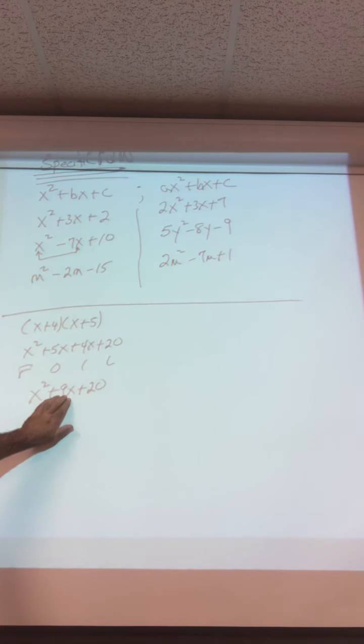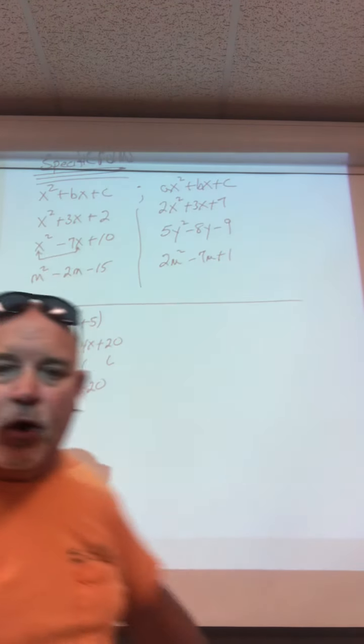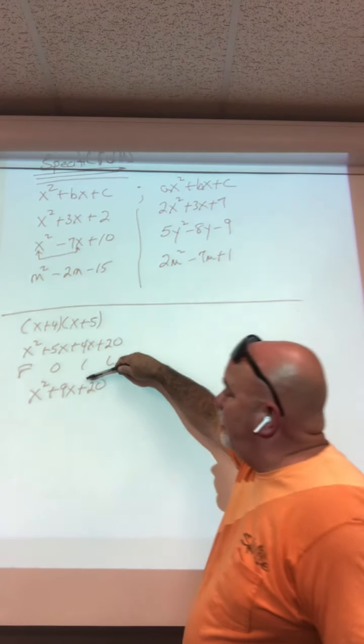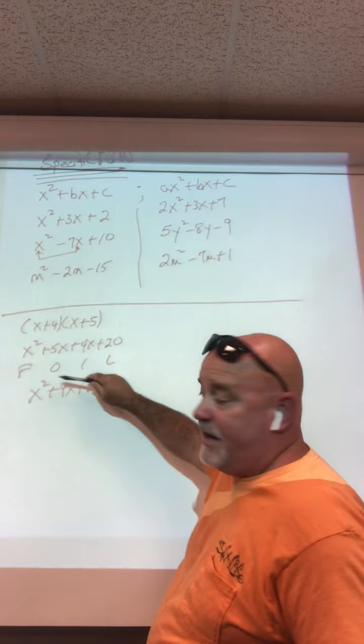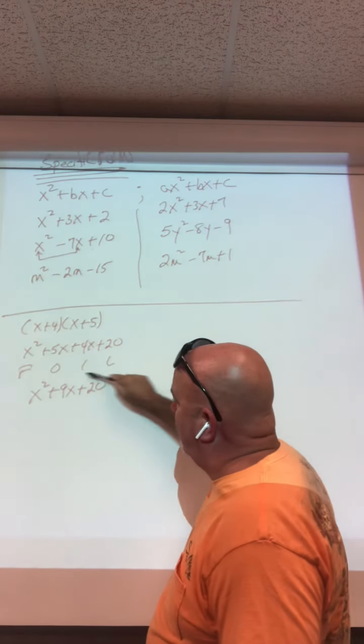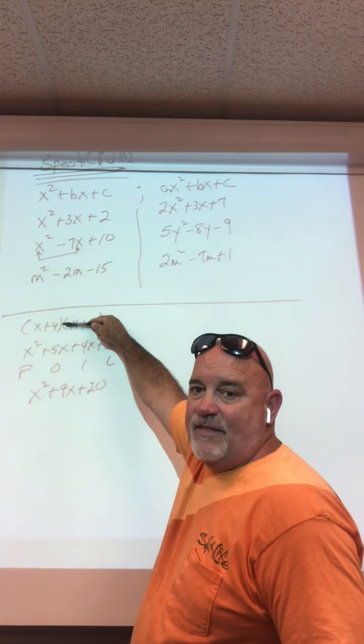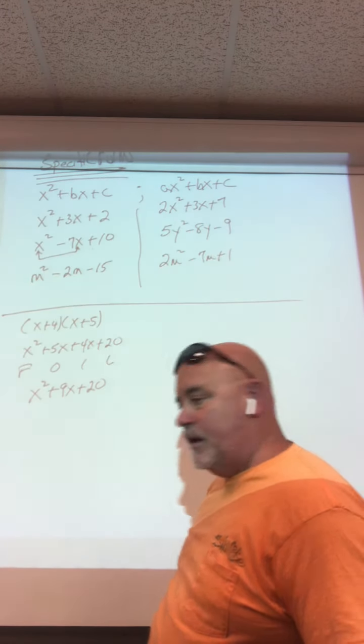This is what we're going to be starting with in a minute. In just a few minutes, I'm going to give you this problem, and we're going to have to go backwards and find this answer right here. Let me do one more.